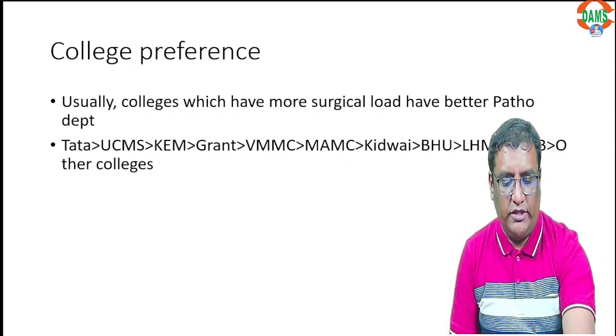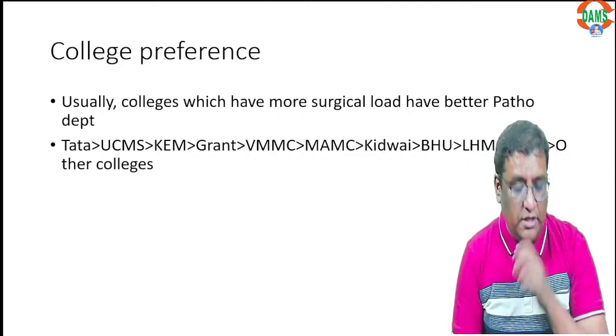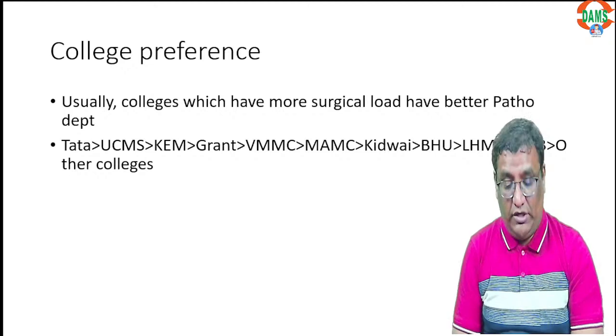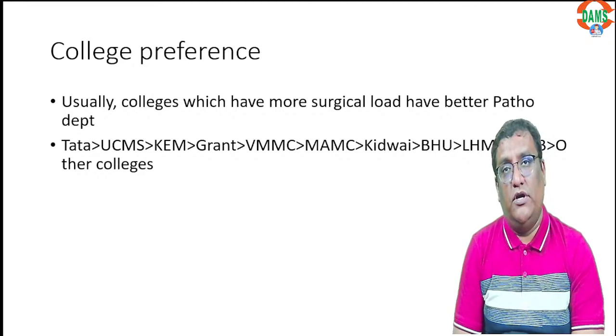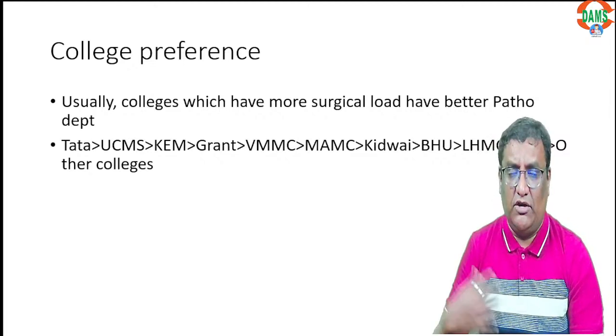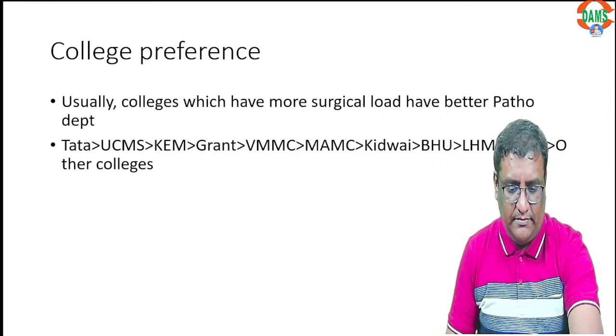Then I would go with a private college in Jaipur, Mahatma Gandhi, which is a good private college. And then I would rate Udaipur, Bikaner, Ajmer. That is how I would be rating in Rajasthan.